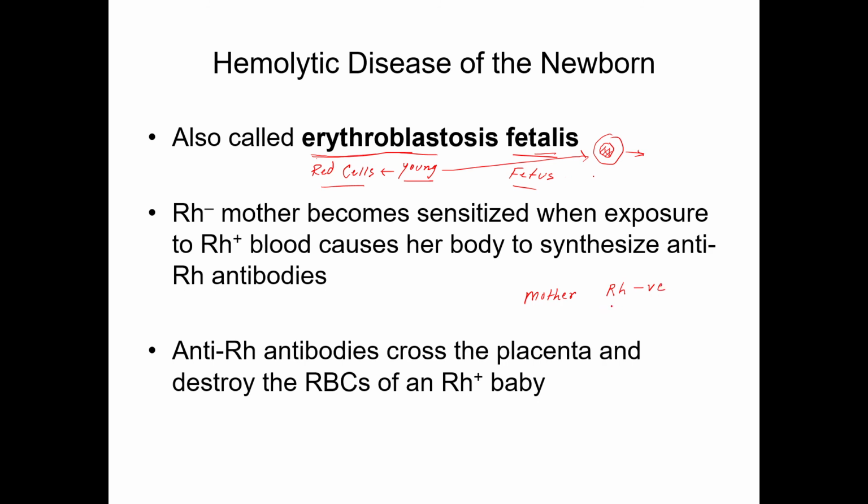Mother's blood is negative and the fetus is Rh positive. Okay, Rh positive. In that case, what happens, positive means on the red blood cell surface you have D antigens, right? You already know that.